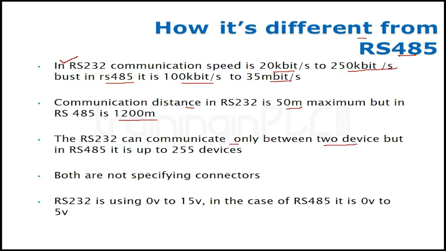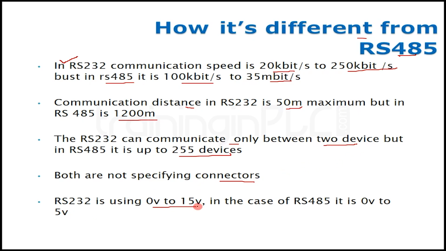RS-232 can communicate only between two devices, but with RS-485 we can connect up to 255 devices. Both do not have specified connectors, so we can use connectors to convert to any other signals.